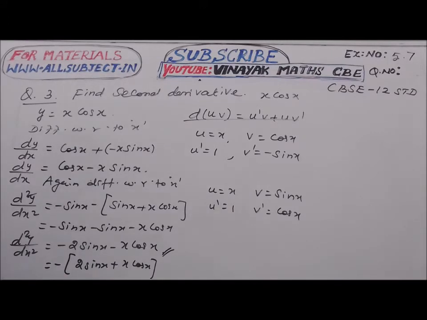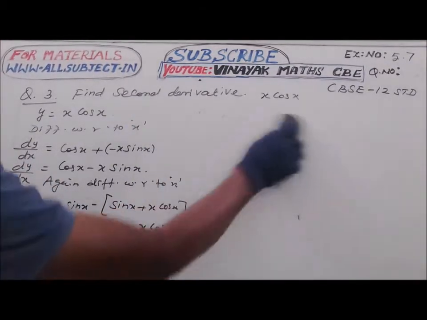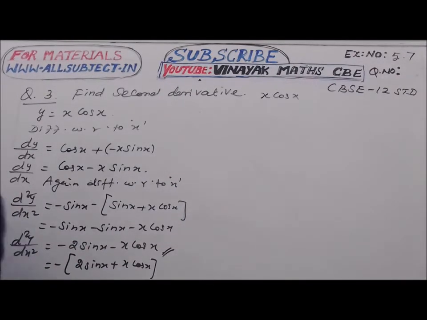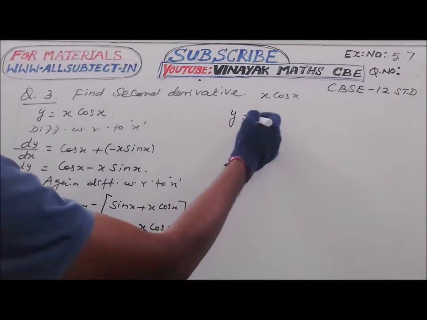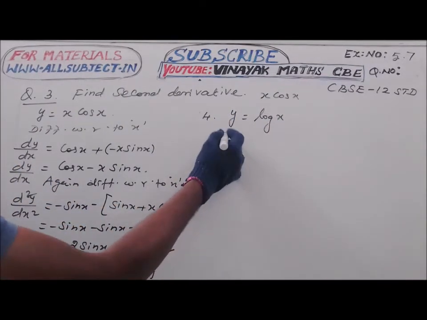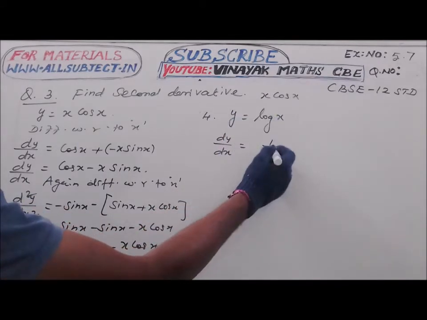Now we are moving to question number 4. Question number 4 is a simple thing, y equal to log x is given. Its first derivative dy by dx is equal to the derivative of log x, which is 1 by x.